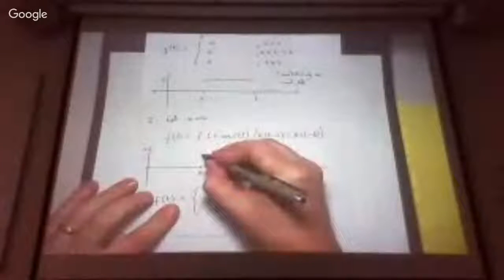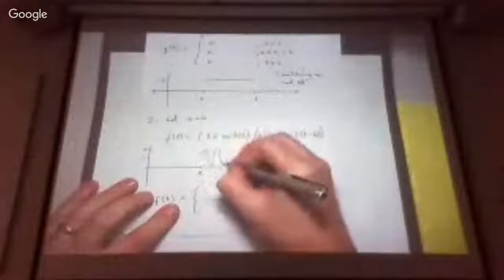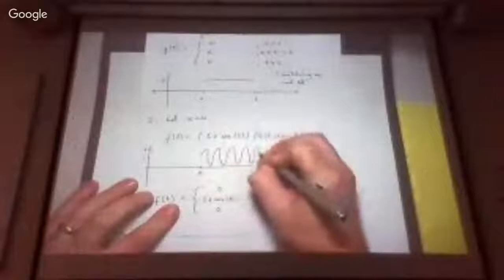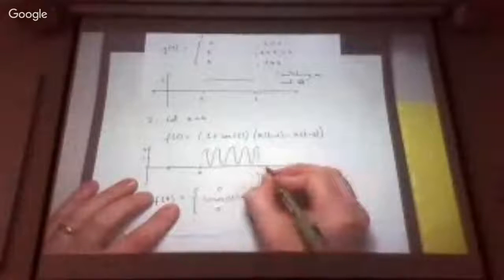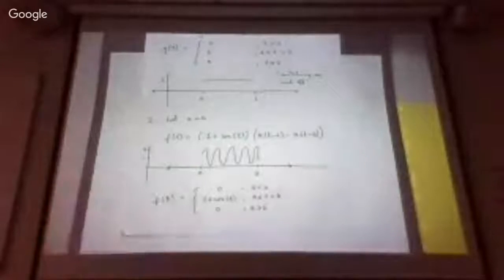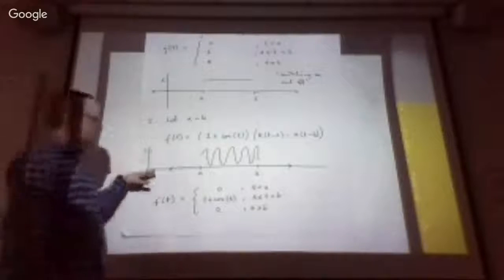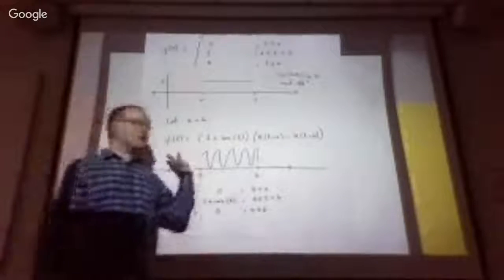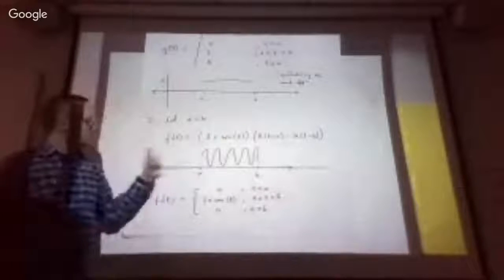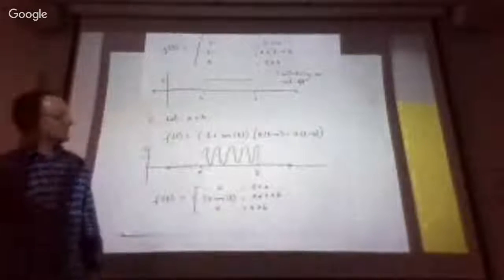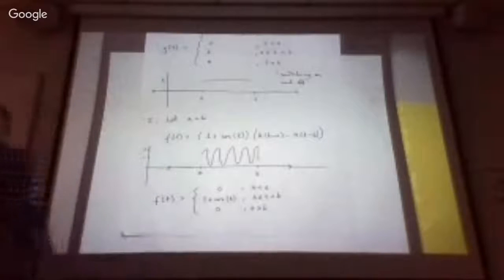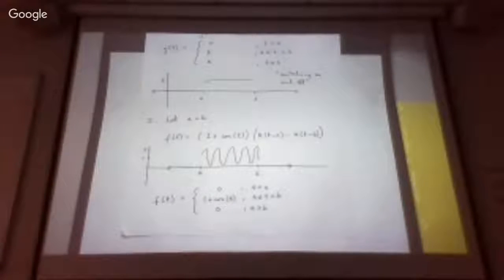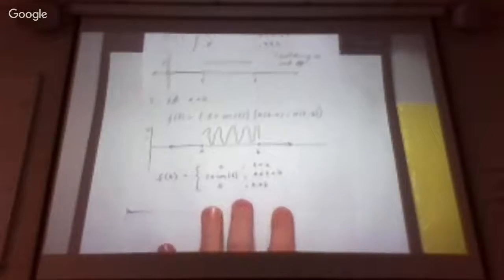So it's a little bit more interesting. We've got something that's switched off, but in this interesting period between A and B, it switches on some kind of non-trivial signal, some oscillating signal.